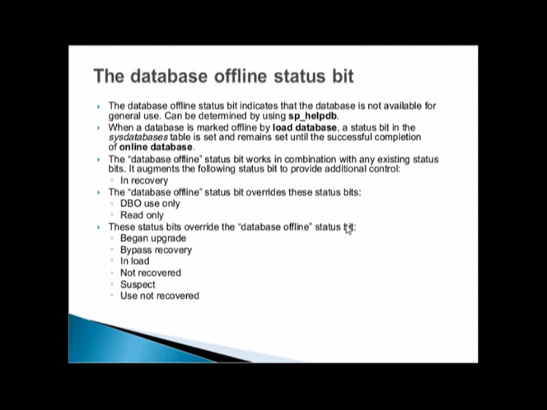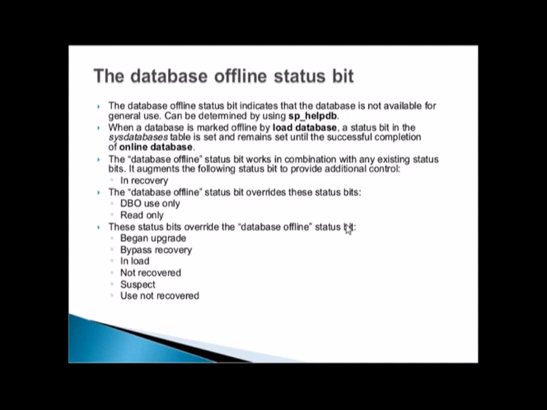So that means when you are actually doing this upgrade, bringing it online, or working on it, the status bit of the database in sysdatabases will remain set. The database offline status bit works in combination with any existing status bit.